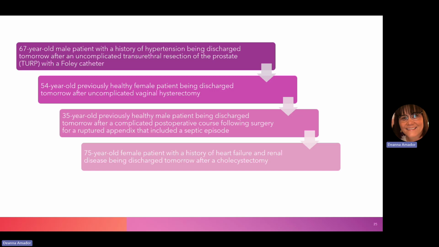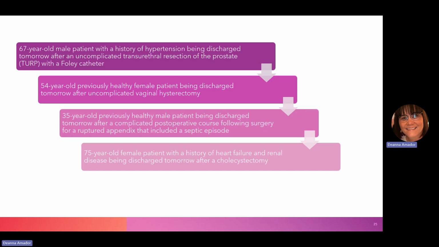I put the rationale in there for you guys. This is the one that you would see first because of the several serious comorbidities and will need complex care planning to ensure safe discharge.